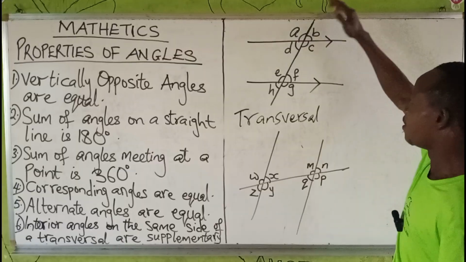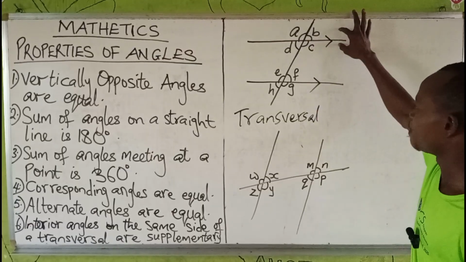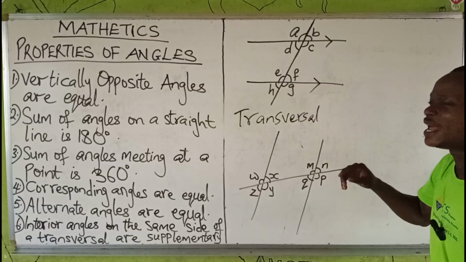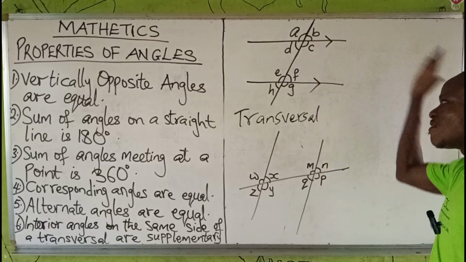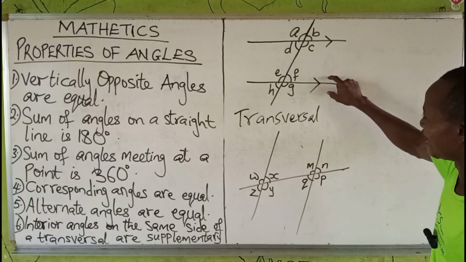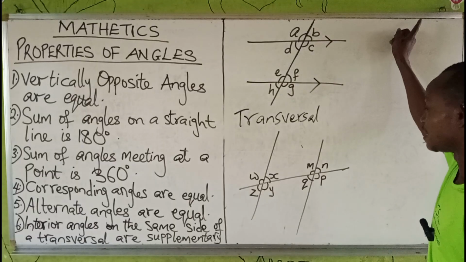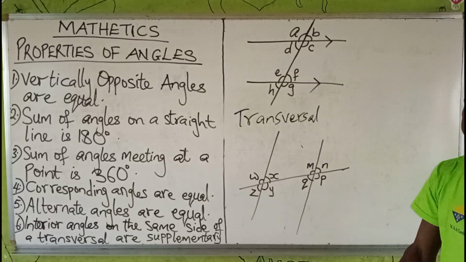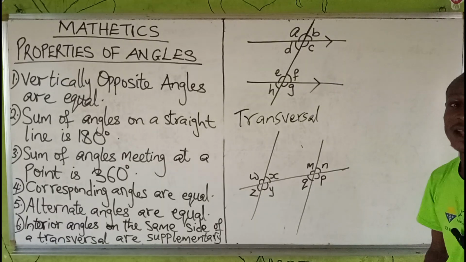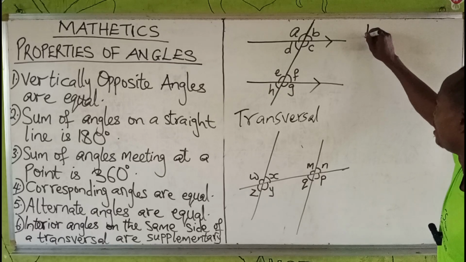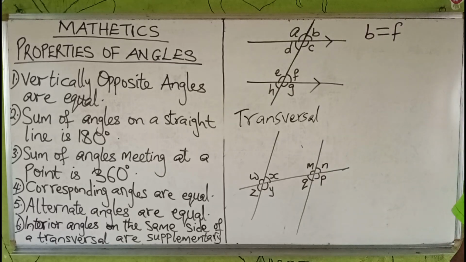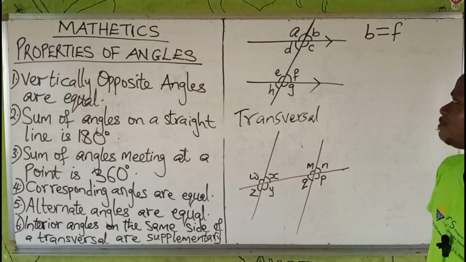Now when we come here, this F is equally occupying the top right side of this parallel line. So this is top right side, top right side. Both of them are occupying exactly the same positions of the two parallel lines. So we say angle B is corresponding to angle F. Therefore, they are equal.